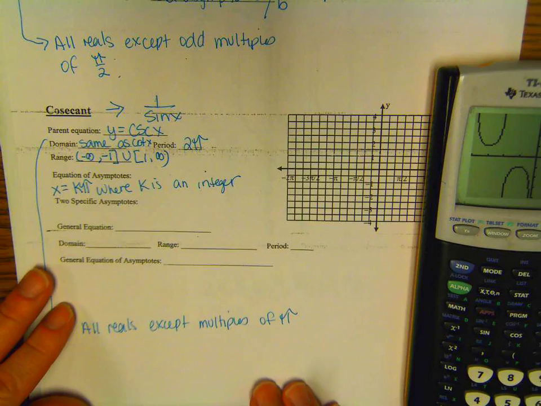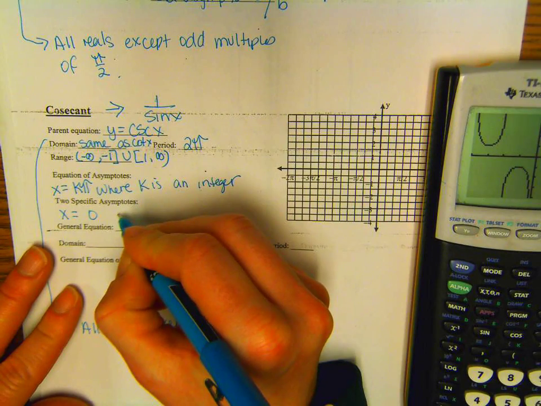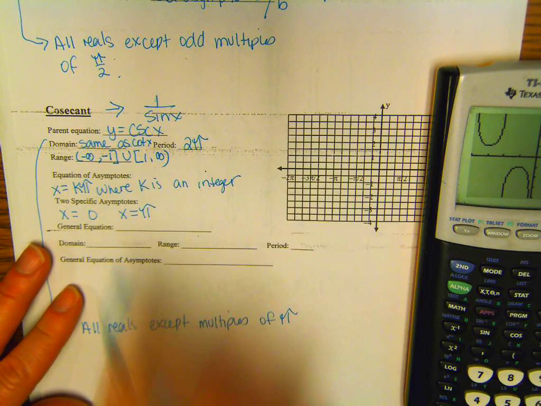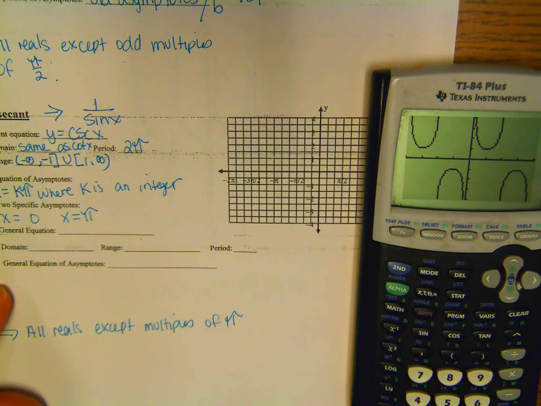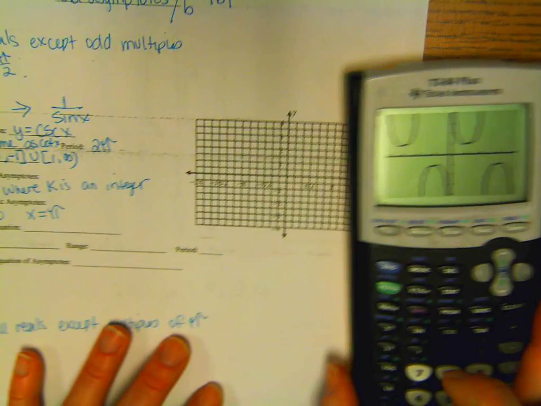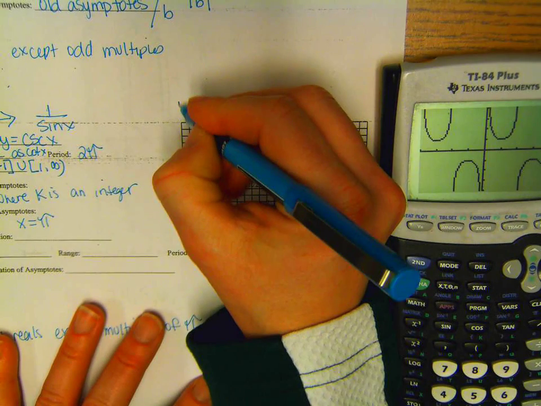Maybe two specific asymptotes could be 0 and pi. And then let's go ahead and put some asymptotes on there and sketch it.